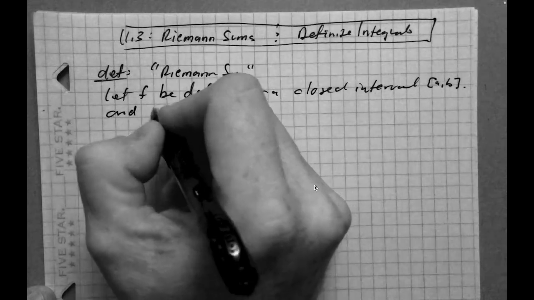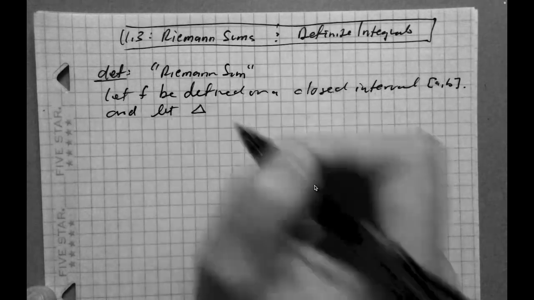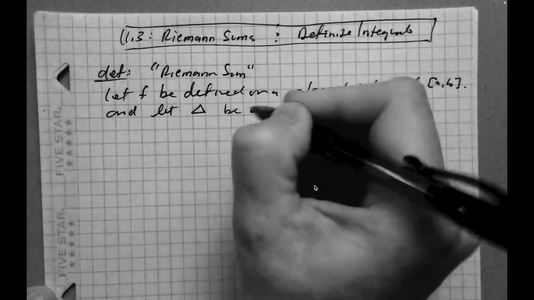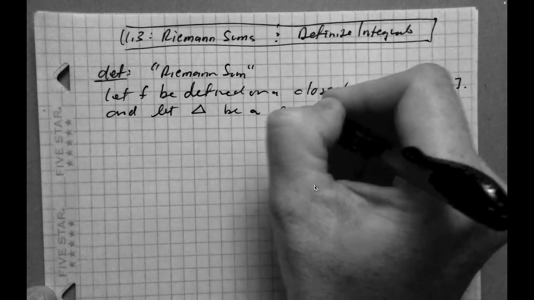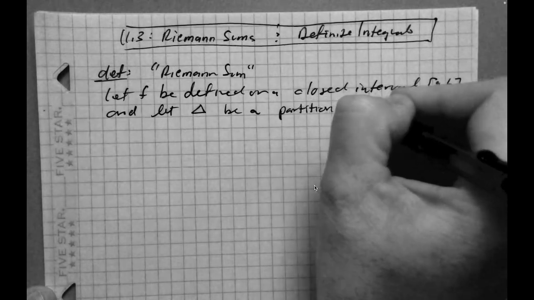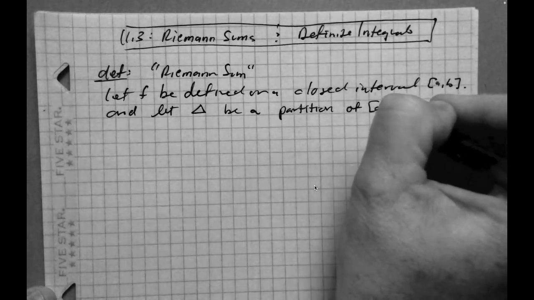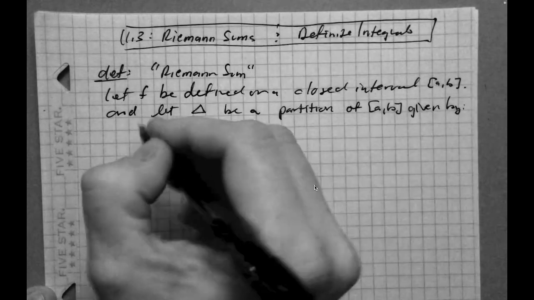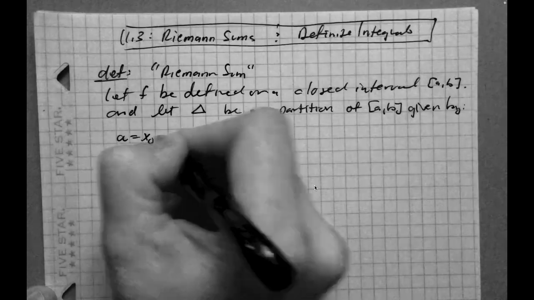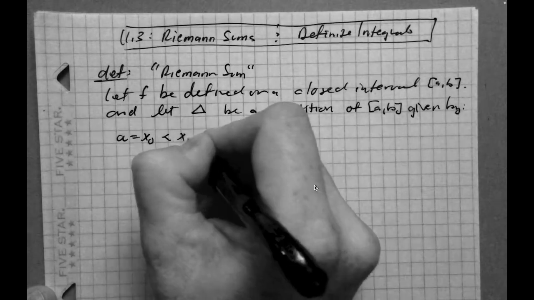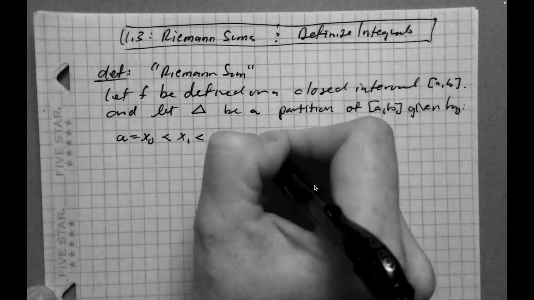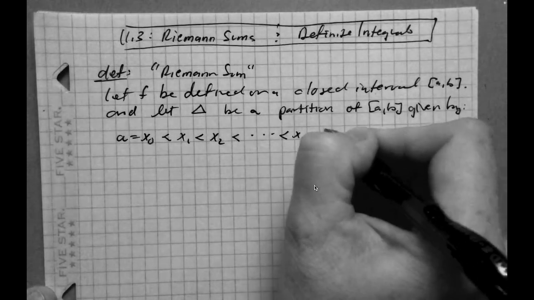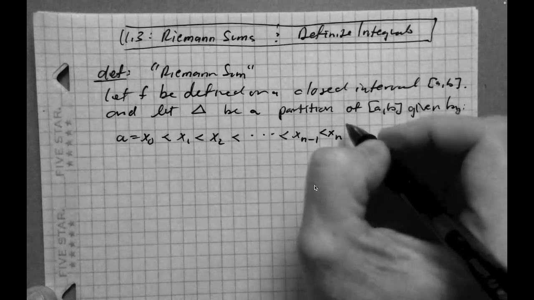And we'll let delta be a partition of AB, given by a equals x0, less than x1, less than x2, less than ... less than xn minus 1, less than xn equals b.